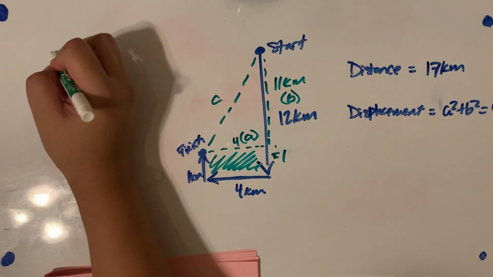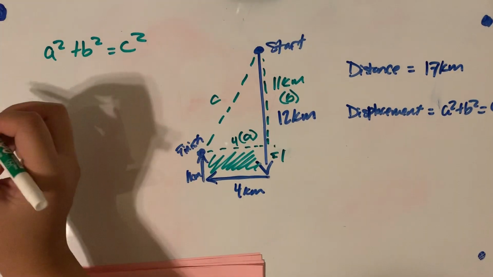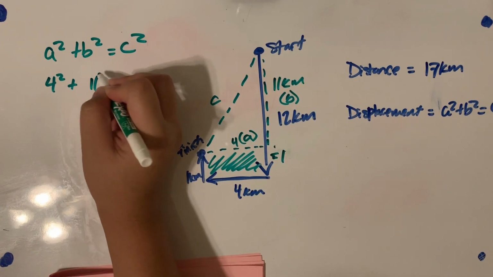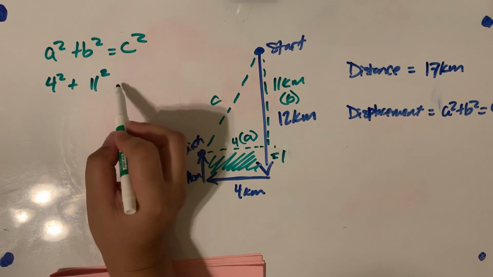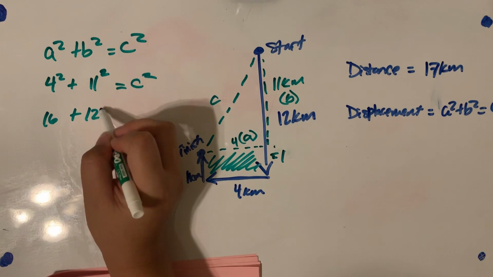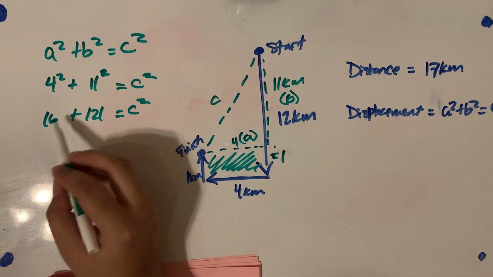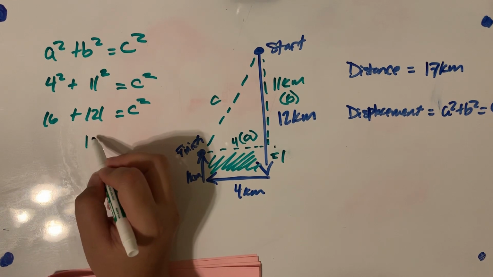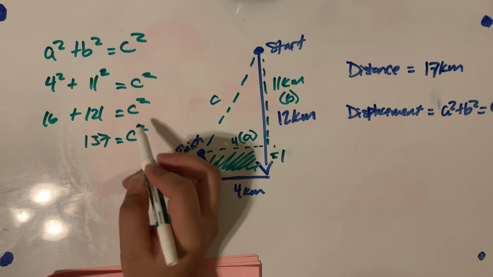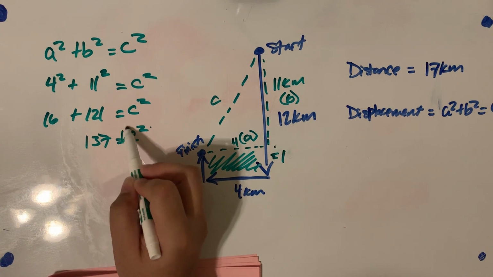Okay, so A squared plus B squared equals C squared. My A is 4. My B is 11, and then my C squared. Okay, 16 plus 121 is equal to C squared. Add 16 and 121, you get 137. C squared. Same thing, to get rid of your squared up here, you have to square root.